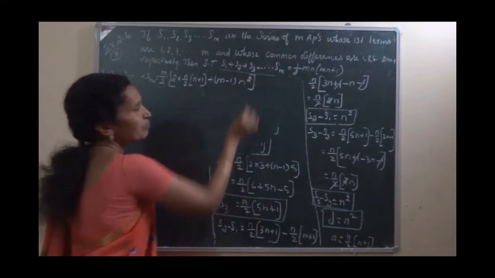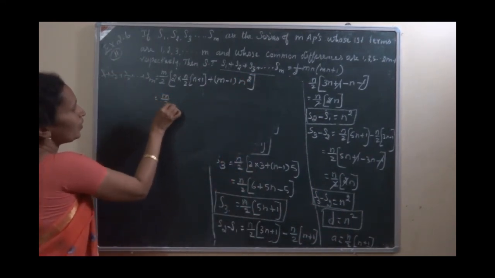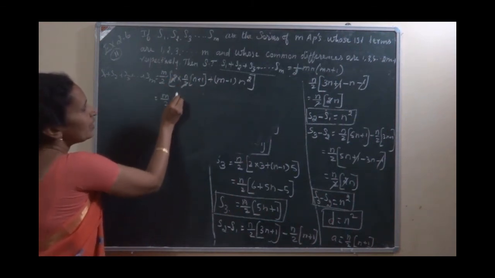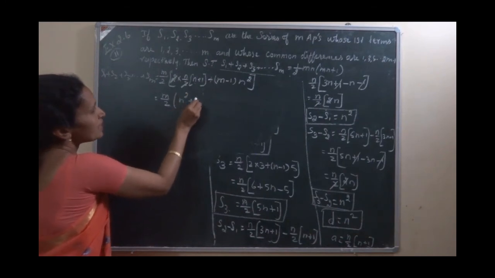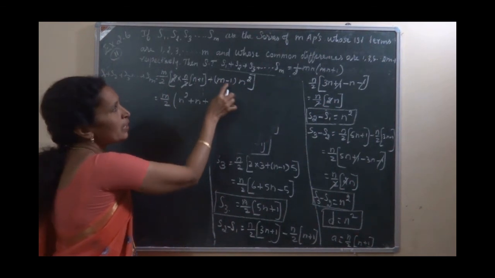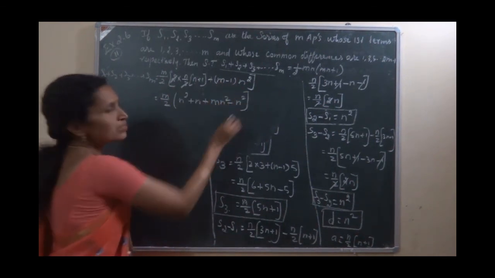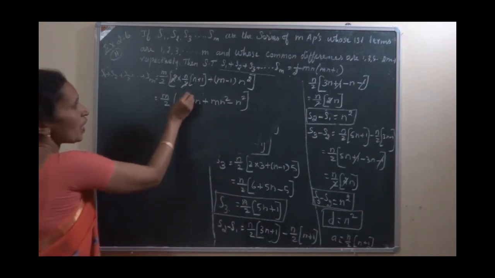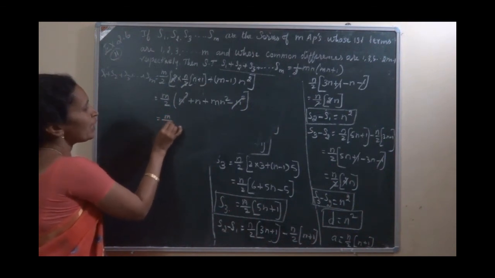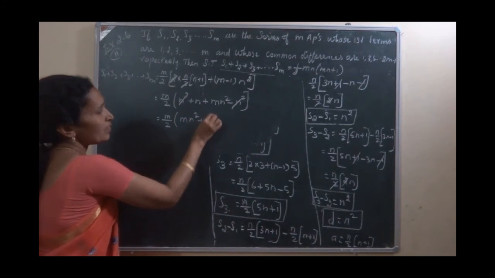n square. So this is equal to m by 2 into, this 2 and 2 can cancel, n into n plus 1 plus m minus 1 multiplied by n square, n square minus n square. So n square minus n square will be cancelled. What's the answer? m by 2 into n square plus n.